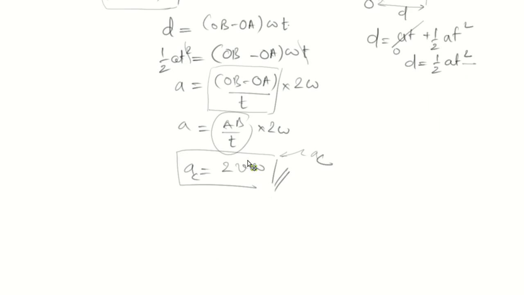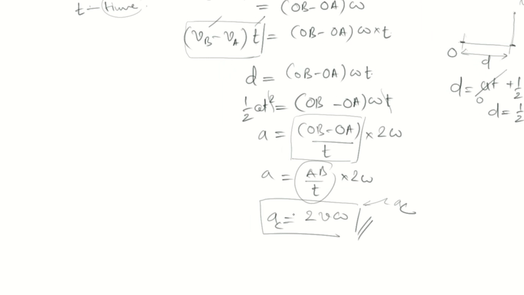Now friends, let us find out the direction of the Coriolis component of acceleration. It's very simple. Consider a system in which this is link 1, this is link 2, and there is one more link, a slider 3. Let's assume that link 2 is rotating in a clockwise direction with constant angular velocity omega.